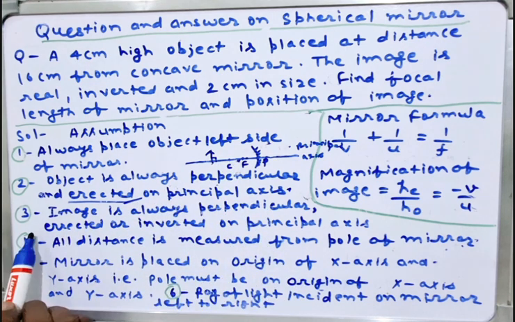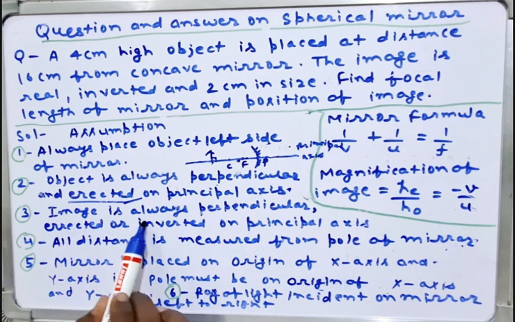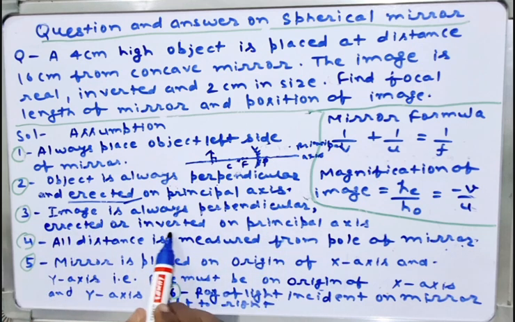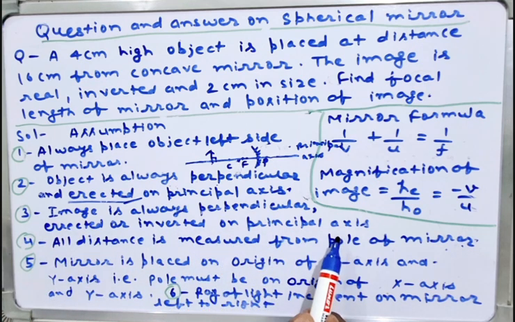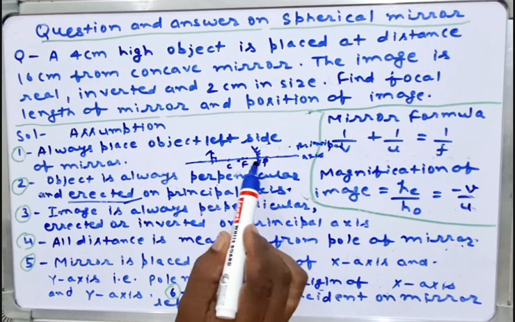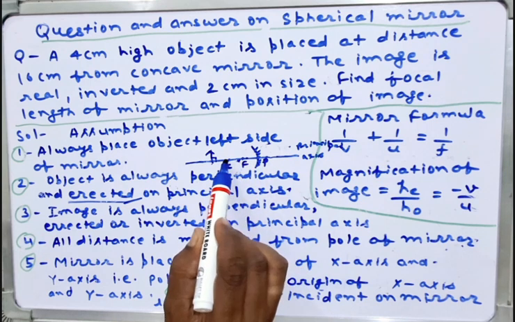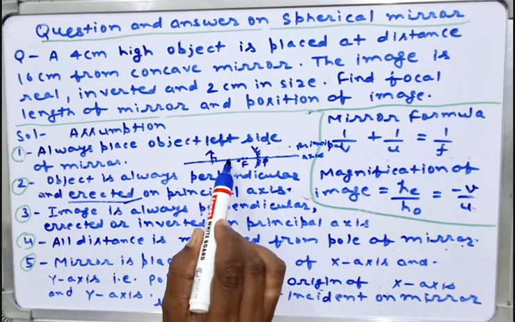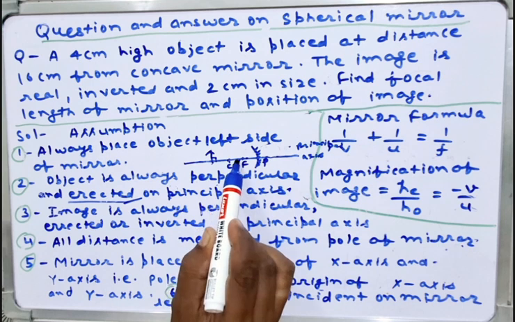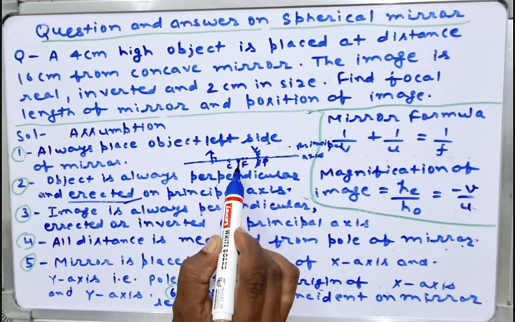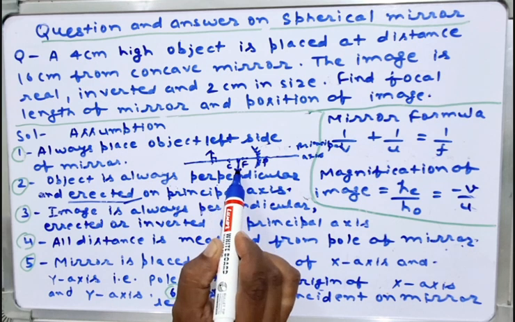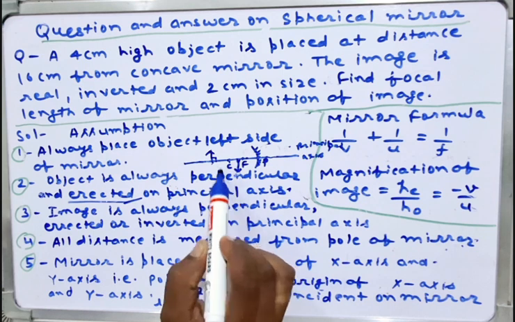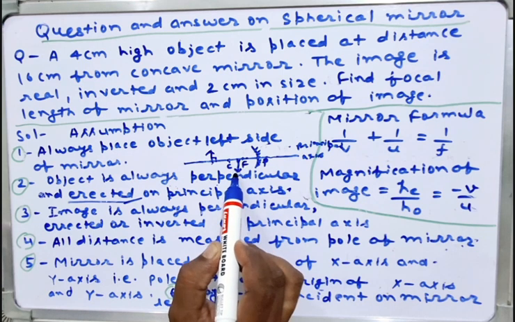Now see assumption 3: the image is always perpendicular, erect or inverted on the principal axis. In the case of a concave mirror, if the object is between infinity and the center of curvature, then the image is inverted and real. How could you say this image is inverted?